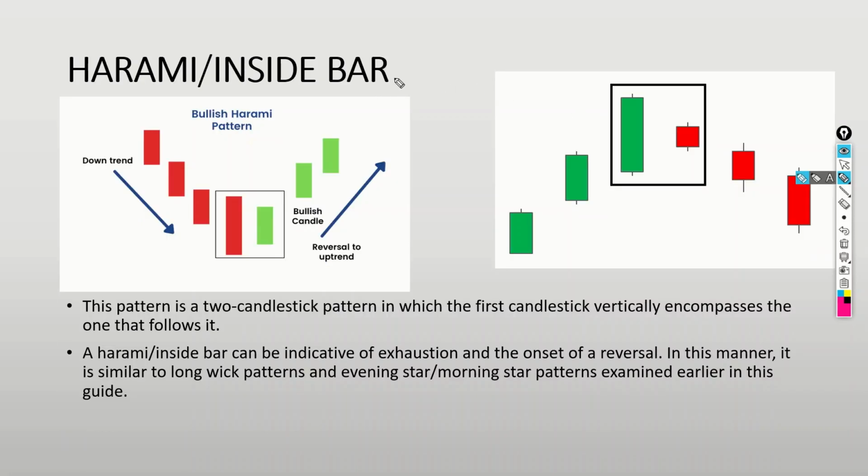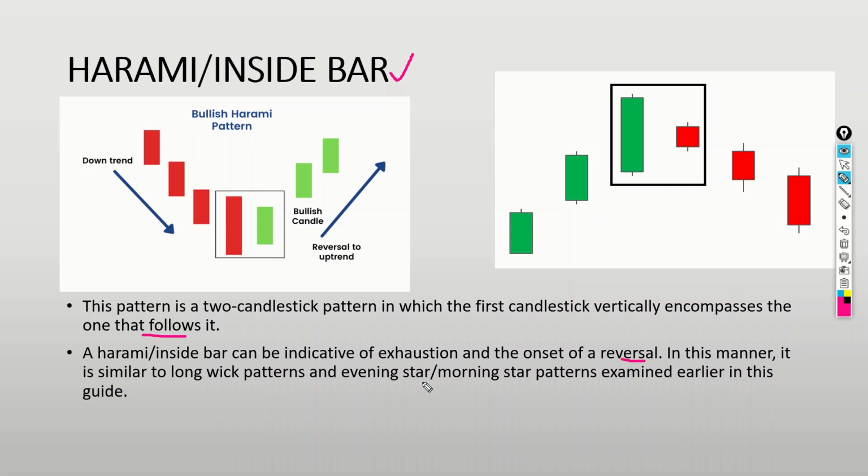So another candlestick pattern to look at is what we call the Harami or the inside bar. This pattern is a two candlestick pattern in which the first candlestick vertically encompasses the one that follows it. The Harami or inside bar can be indicative of exhaustion or an onset of a reversal.